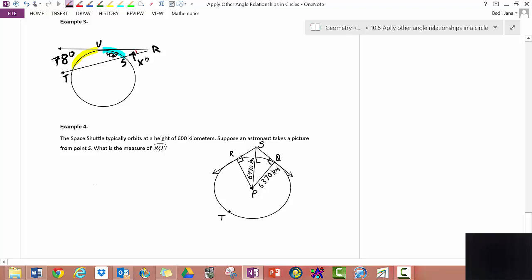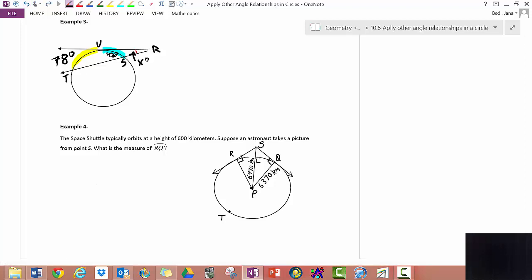You're given that PL, which is really the radius of the Earth, is 6970, and if the shuttle hovers over the Earth and orbits around it, then it would seem to me that the distance SL is 600 kilometers. So you need to find the measure of arc RQ, the measure of this intercepted arc.